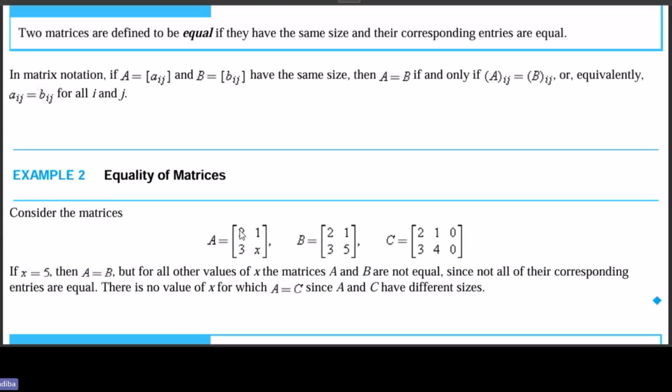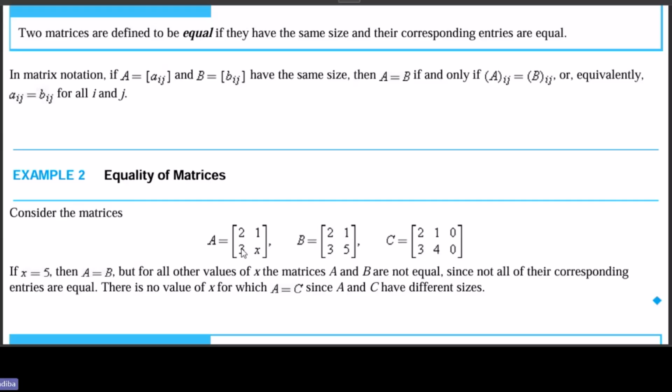Then matrix A and matrix B will be said to be equal if, let's say in this case, 2 equals 2. 1, where there is 1, there is also a 1 in matrix B.